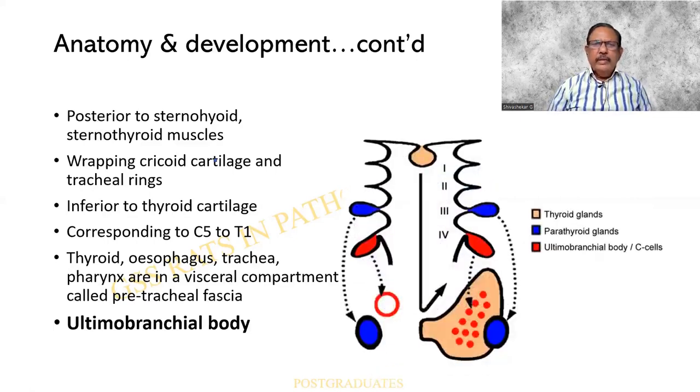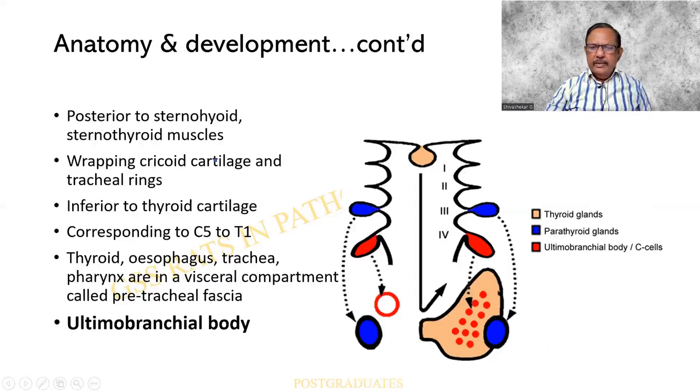Coming to our friend, the ultimobranchial body, you find that this is the development of the thyroid. So there are the various structures which are developed from the pharyngeal pouches. One is the thyroid gland, two is the parathyroid, the blue in color. Next is the ultimobranchial body. So these are all the various outpouchings that you people can see.